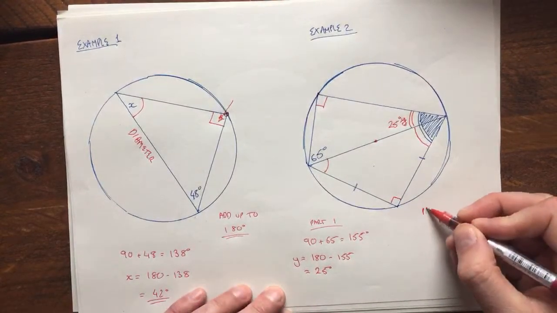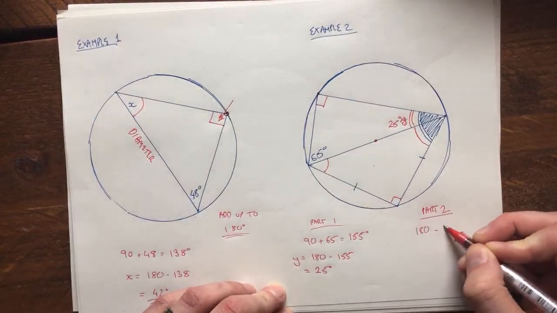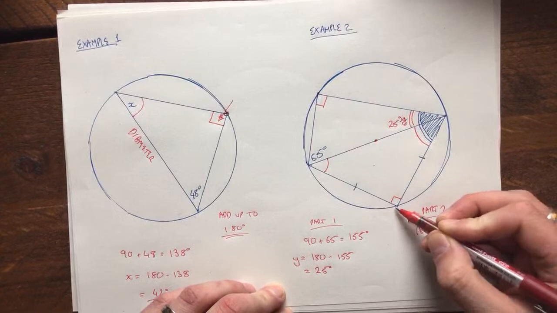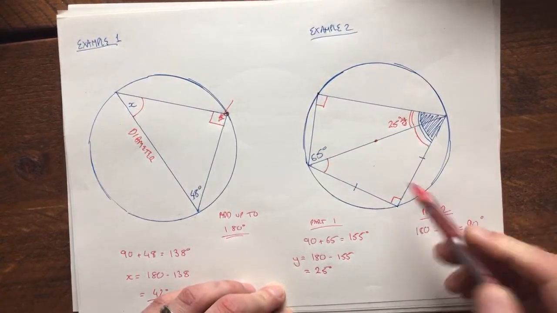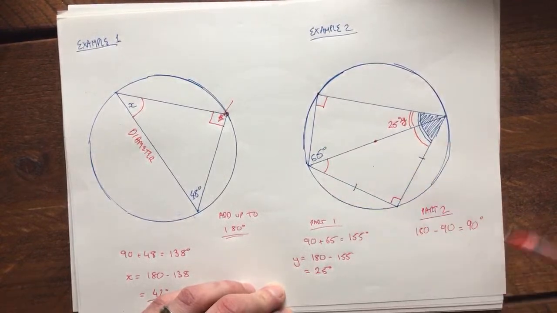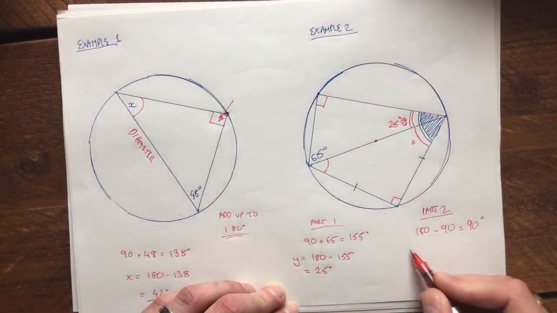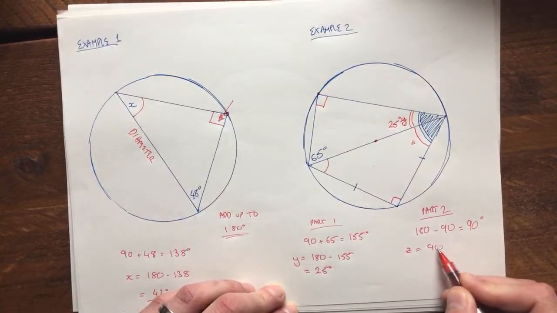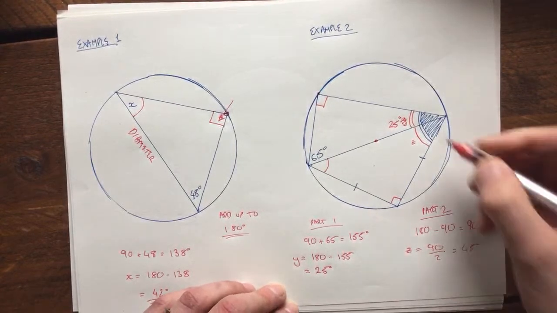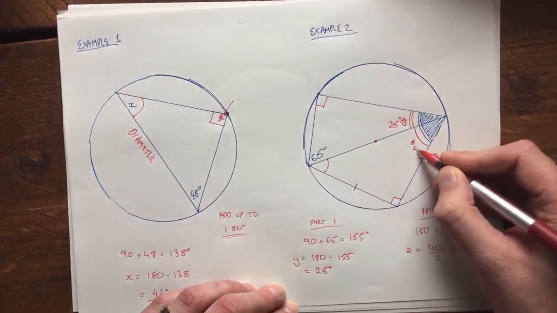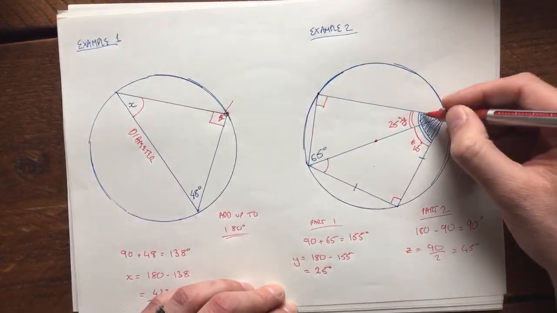So for the triangle on the bottom, 180 take away 90 leaves 90 degrees. Because I'm splitting it between both of those angles equally, let's call that angle Z. The angle Z is going to be half of that 90 degrees because it's an isosceles triangle. So that's 45 degrees.